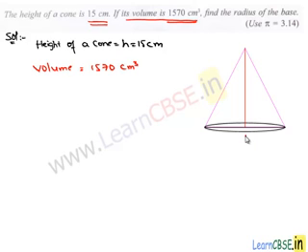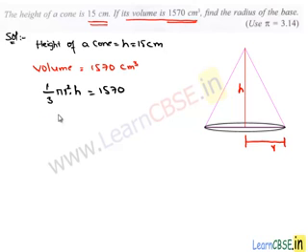Since we don't know the base radius, we assume this to be r centimeters, and we have height, which is h. We know that volume of a cone whose base radius is r and height is small h is 1/3 pi r square h, and it is equal to 1570.